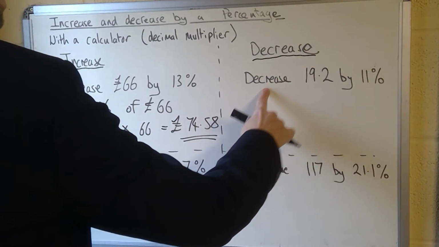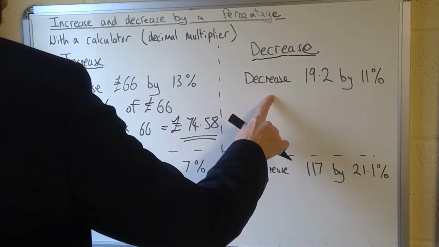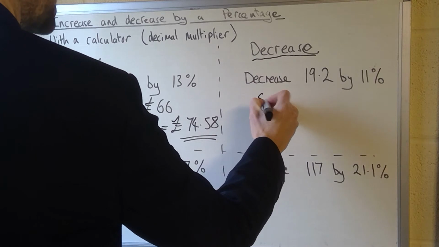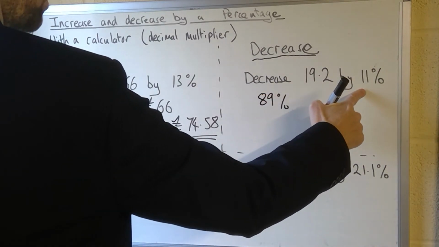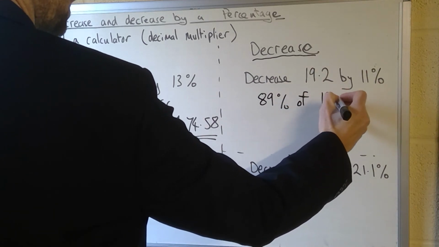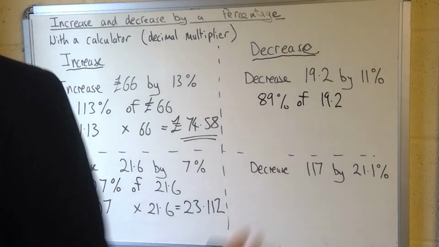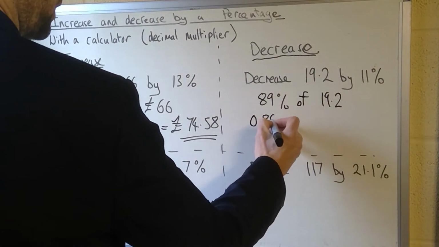So if I want to decrease 19.2 by 11%, I'm actually going to work out 89%, because that's 100 subtract 11, 89% of 19.2. Use the decimal multiplier in exactly the same way. This time it's 0.89.